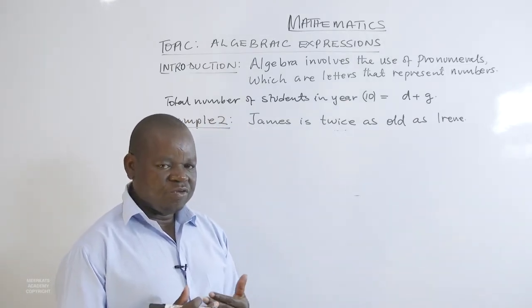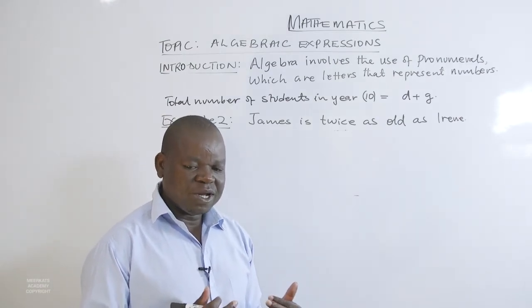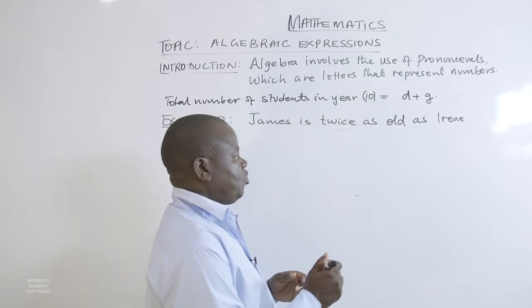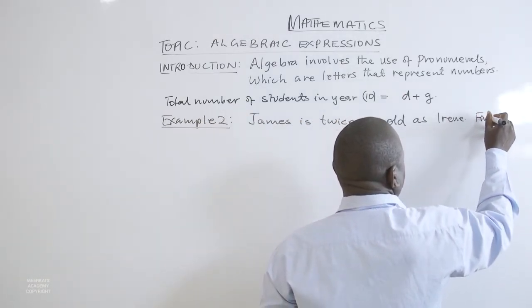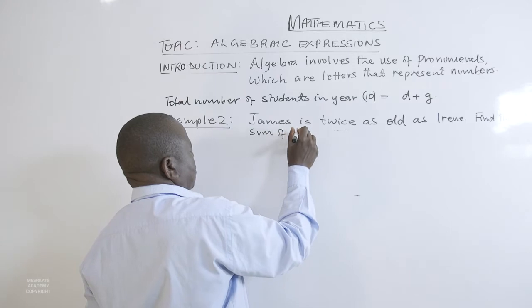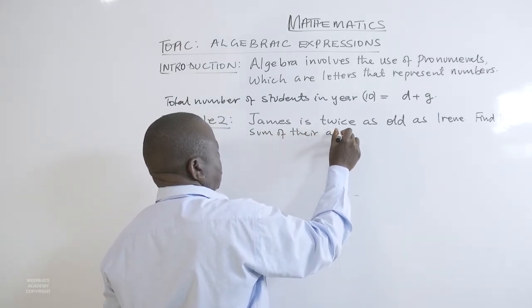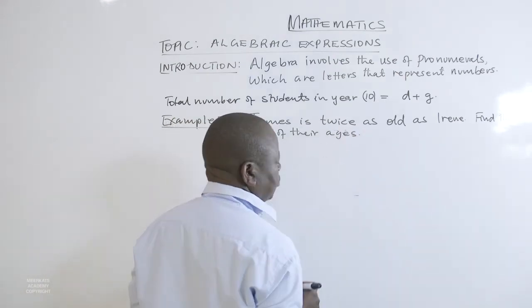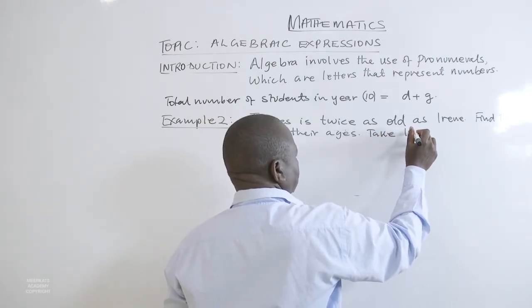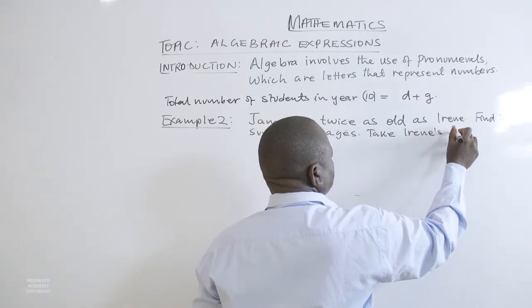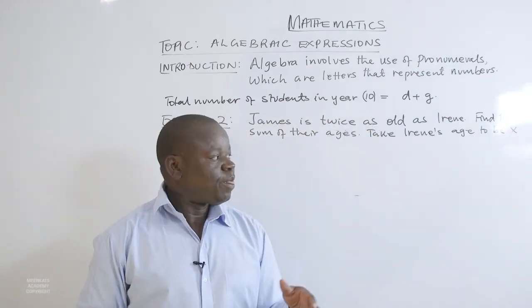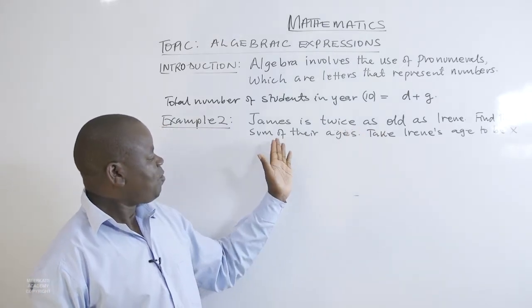With that information, we can derive an algebraic mathematical statement which will relate the ages of the two. Find the sum of their ages.